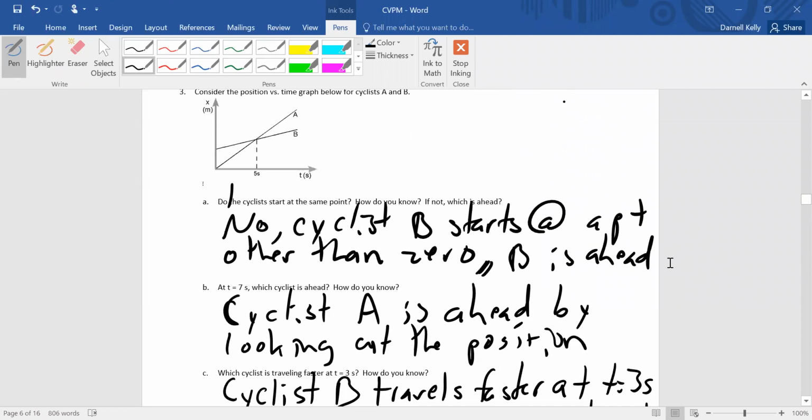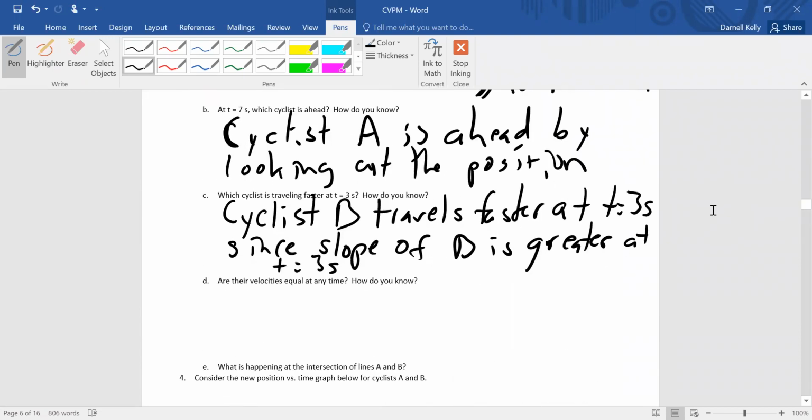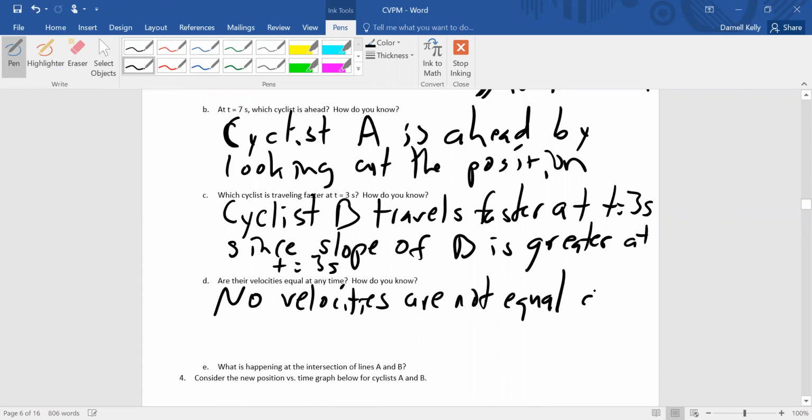They meet at the same position at 5, but don't confuse that with slope. You got it. Not equal. So velocities are not equal.